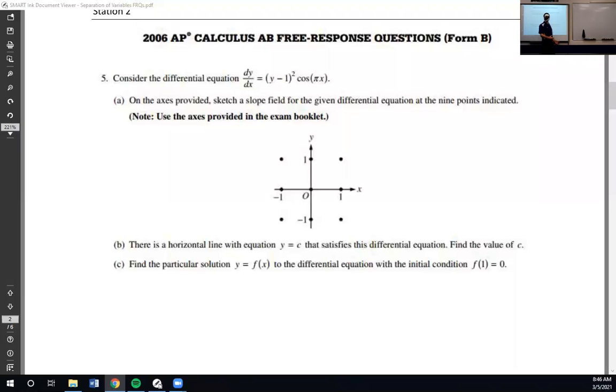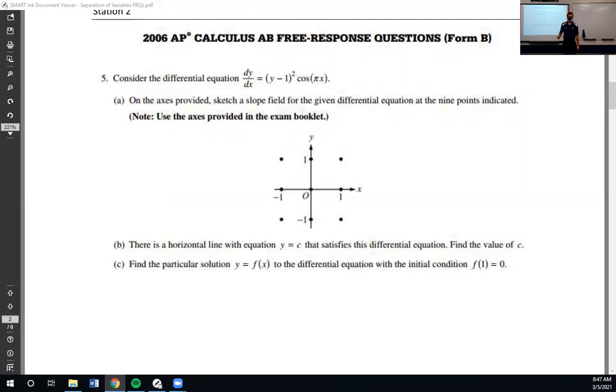Here's the next question. We should be looking at doing this again. Part A is a slope field. Part B is a little bit different. See what you can do with it. Part C, find a particular solution.